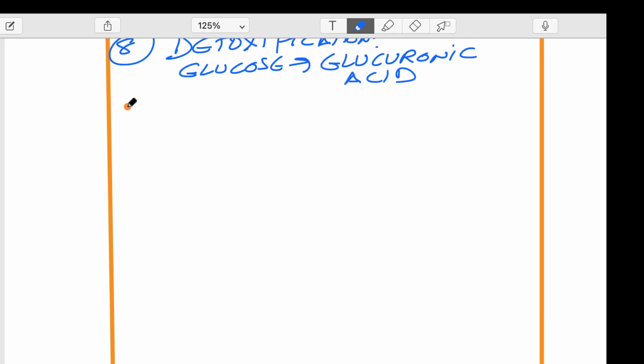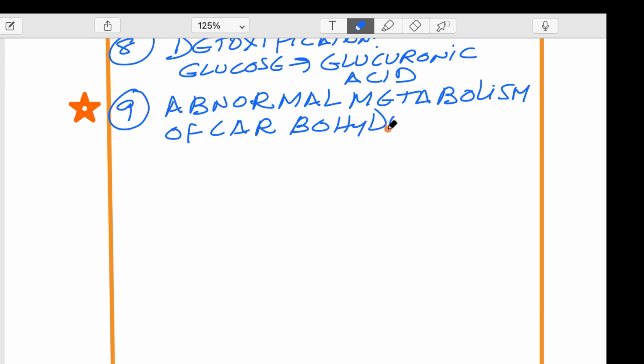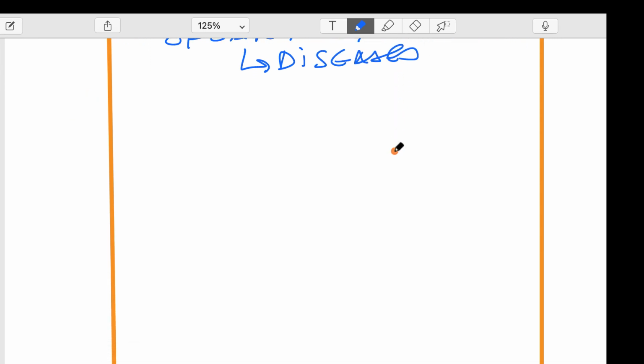Then the final question arises: why are we studying carbohydrates? The abnormal metabolism of carbohydrates leads to the development of various diseases. What are examples of these diseases?